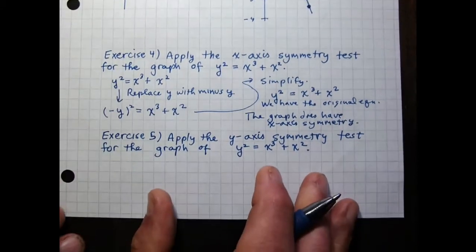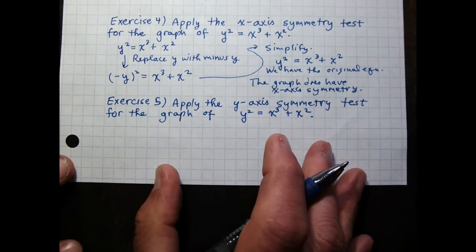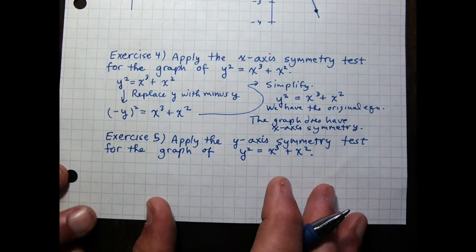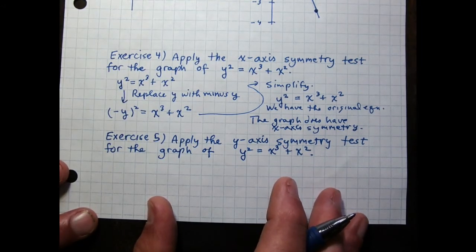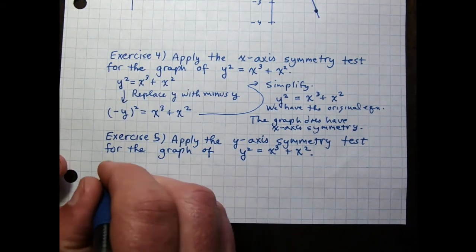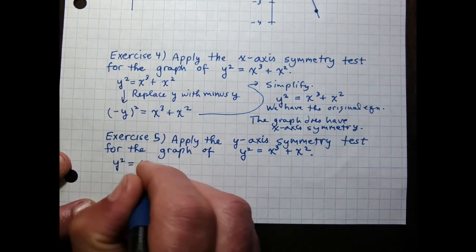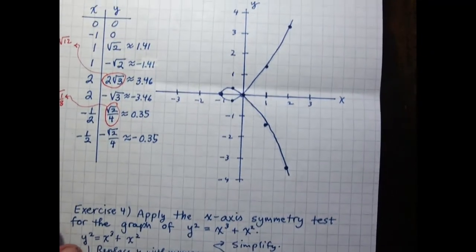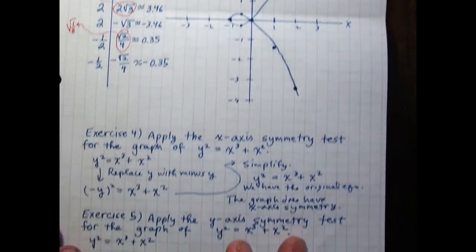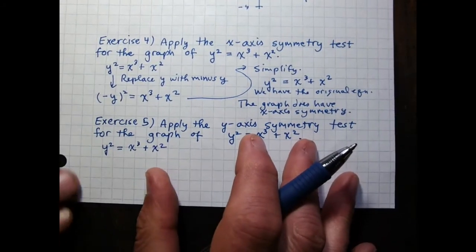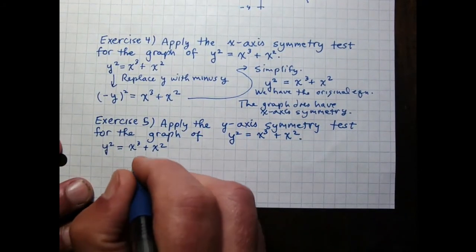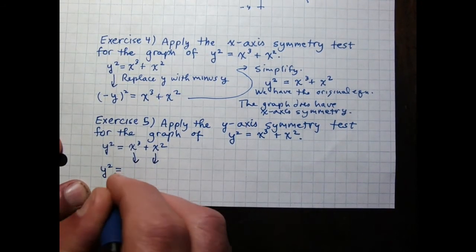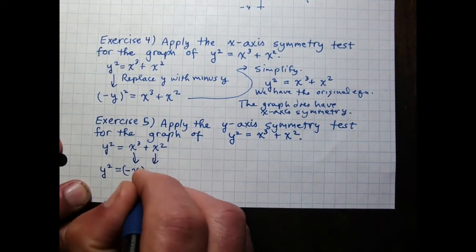Now, since we have 2 symmetry tests, we're going to do exercise 5 before we finish this video. We can apply the y-axis symmetry test to this equation. Does this graph that we just did up above, does this loop-de-loop graph have y-axis symmetry? Well, we would replace x with minus x. In both instances, every place x occurs, it gets replaced with minus x.